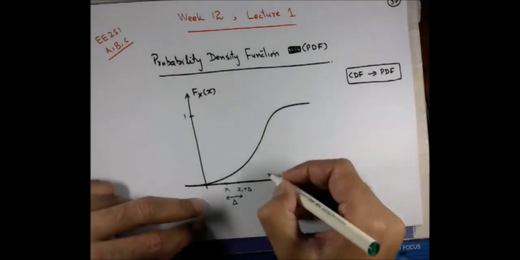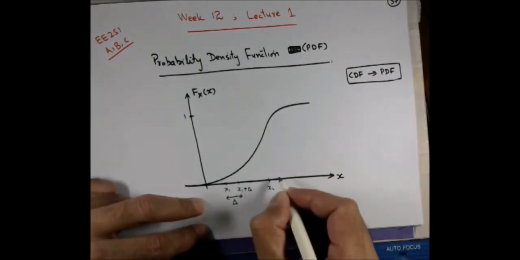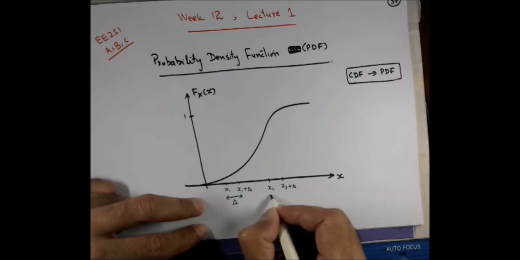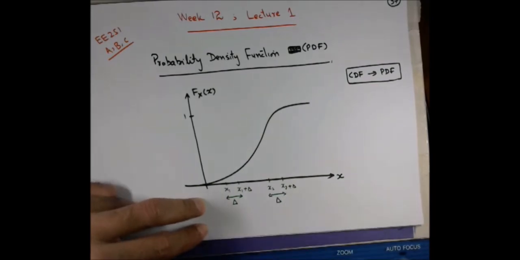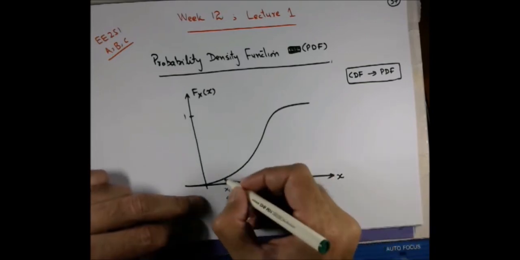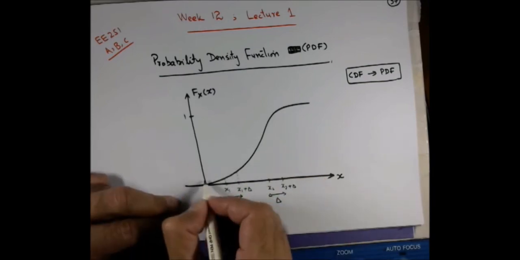And similarly, suppose you have another value of x2 and you take the same size interval, so you reach x2 plus delta. So again you see the interval size is the same, delta. And now just look at these probabilities.